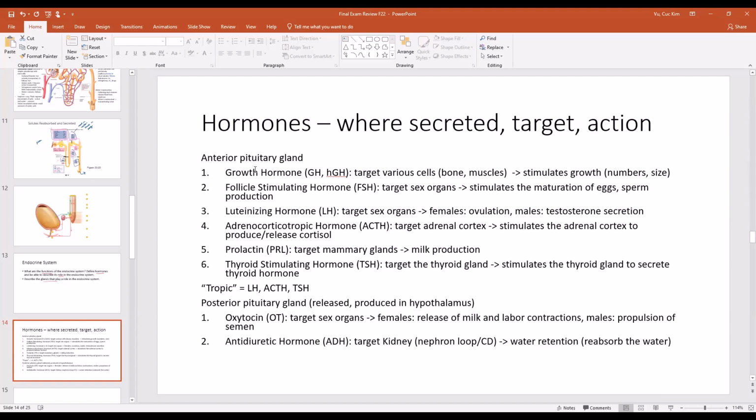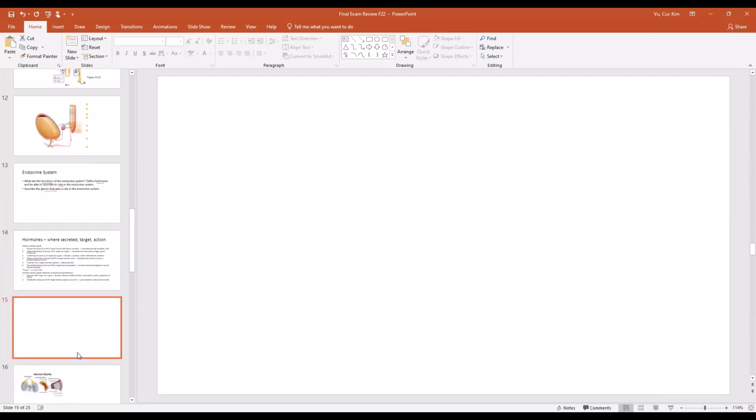You can see that I did that for all of the hormones produced and secreted in the anterior pituitary gland, and also for the posterior pituitary gland: again, name of the hormone, where it targets, and what its action is. I did it for the pituitary gland, so you'll need to do it for all the other glands you're responsible for knowing.